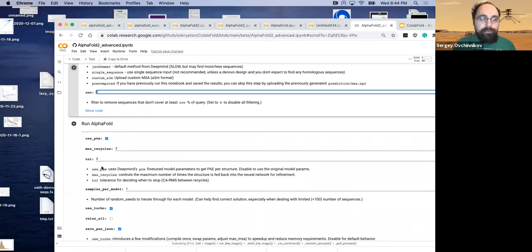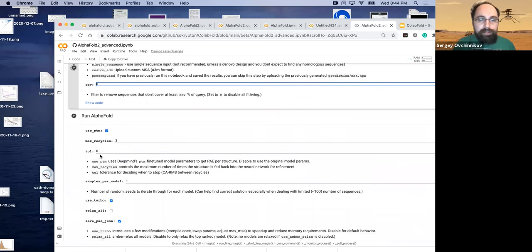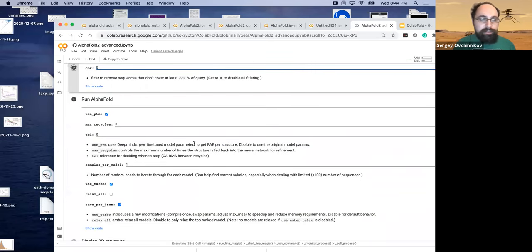Now for running AlphaFold, it turns out, and here I tried to explain this in the text, that AlphaFold trained 5 models, but then they took each of those 5 models and further trained them, fine-tuned them, to return a few extra metrics. And this is like the PAE plot.